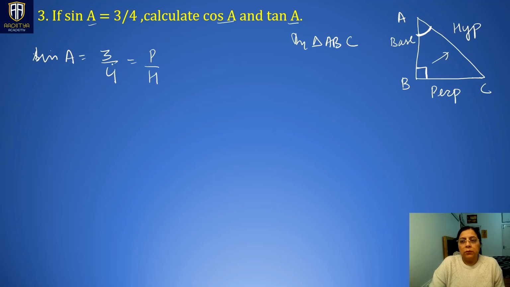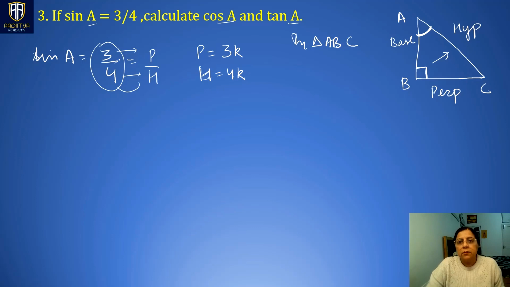So now sine of A is a ratio between perpendicular and hypotenuse. Perpendicular corresponds to 3. And if 3 by 4 is a ratio, let us assume that the actual value of the perpendicular is 3 times something, let's say 3k, and the hypotenuse is a multiple of the same number, 4k.